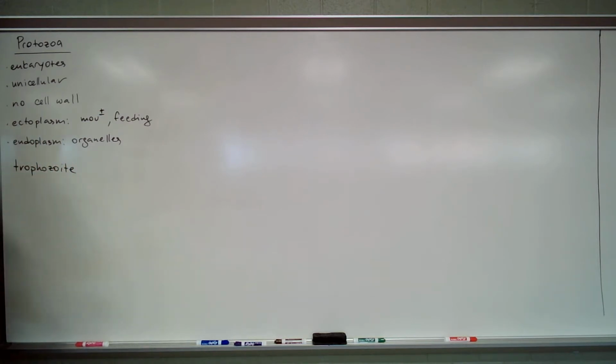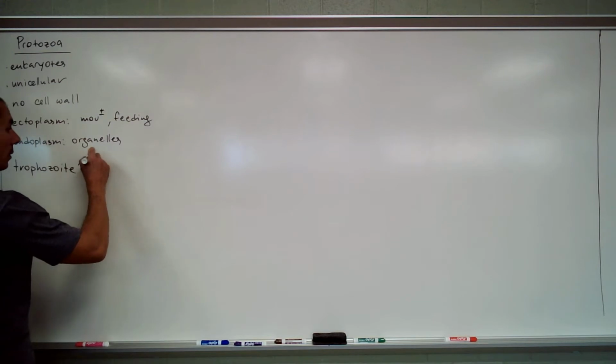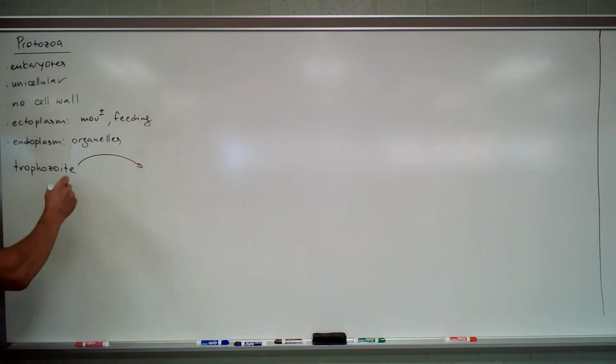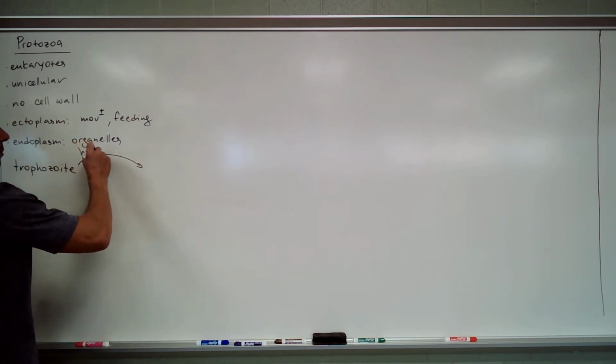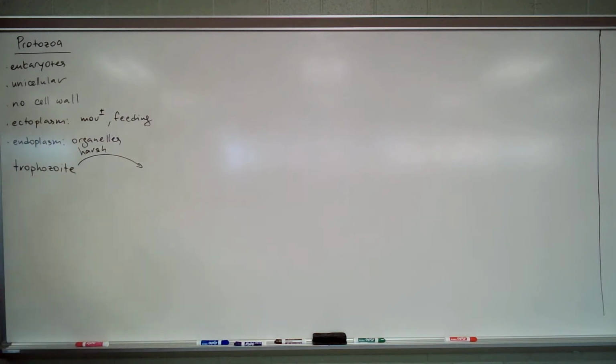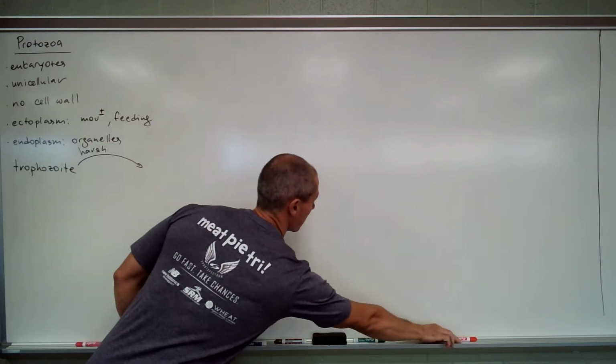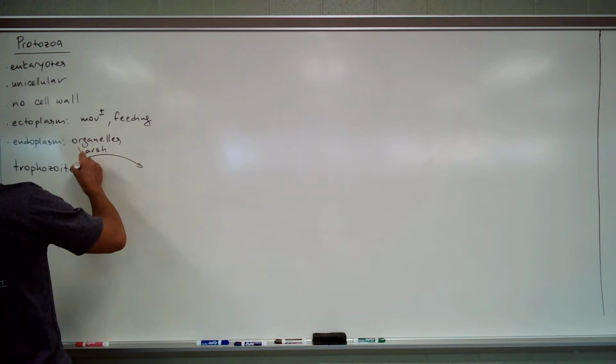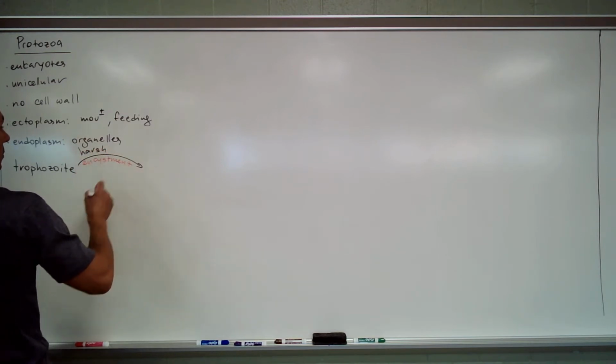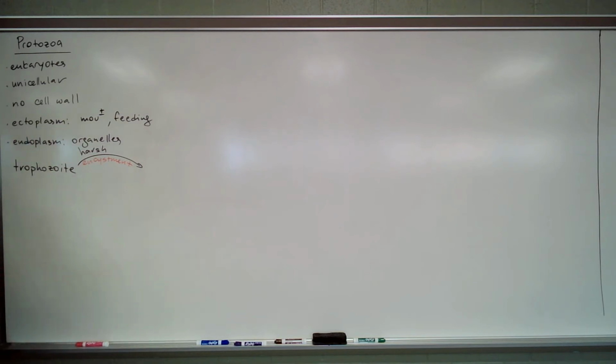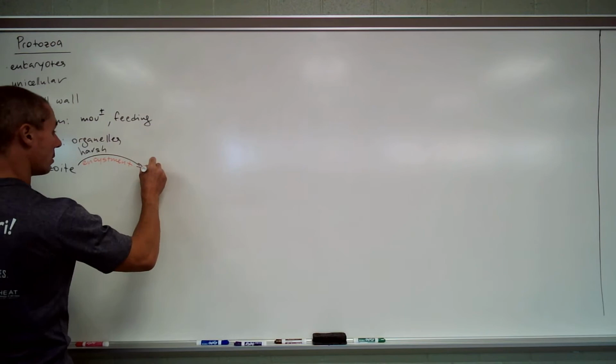But just like with bacteria, you see the strategies are very similar in the microbial world. When the environment becomes harsh, the trophozoite undergoes a process called encystment.